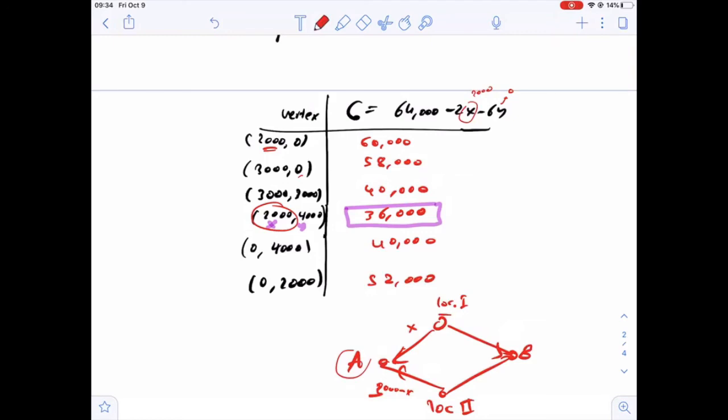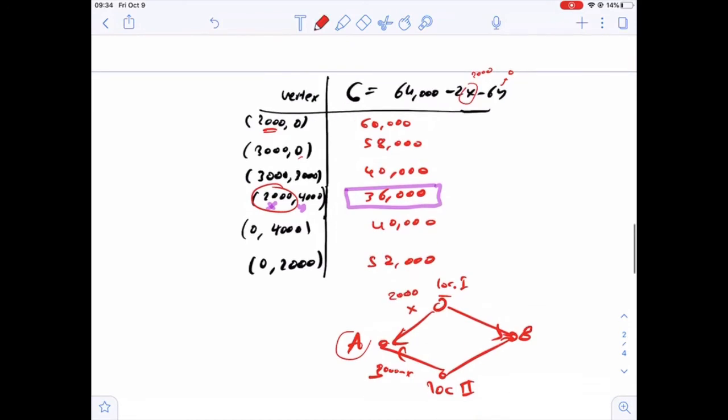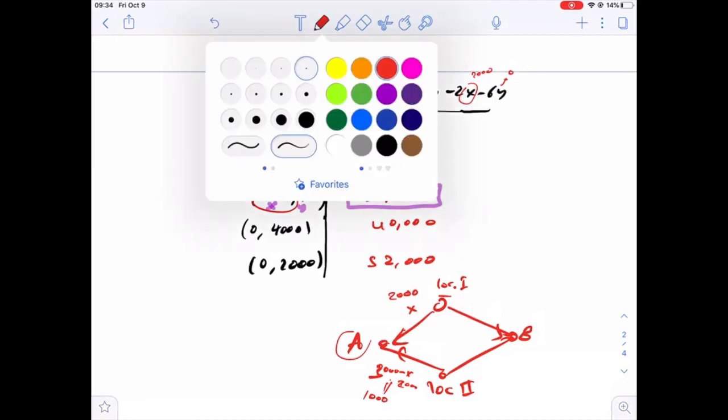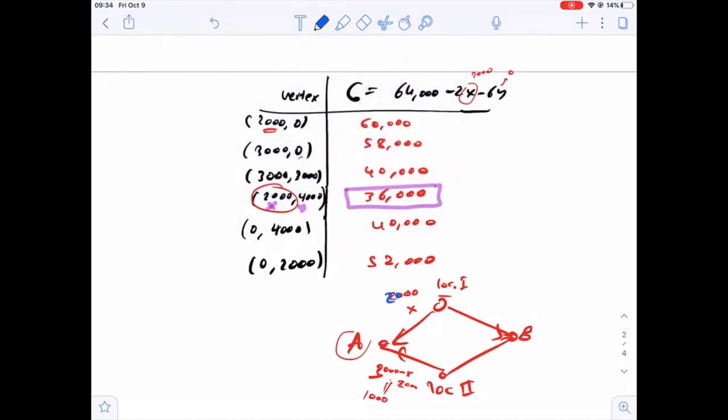So we plug 2000, so we should ship 2000 from location 1 to city A, and if x is 2000, then we get here 1000. 3000 minus 2000 is 1000. So we get here 2000 should be sent from location 1 to city A, and 1000 should be sent from location 2 to city A.